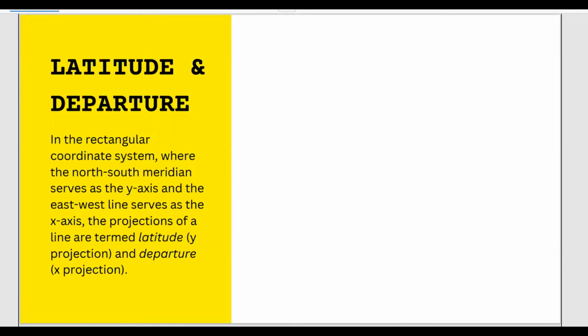The definition says, in the rectangular coordinate system where the north-south meridian serves as the y-axis and the east-west line serves as the x-axis, the projections of a line are termed latitude, which is a y projection, and departure, which is an x projection. So let's go ahead and draw the coordinate system based on what we're told in this definition.